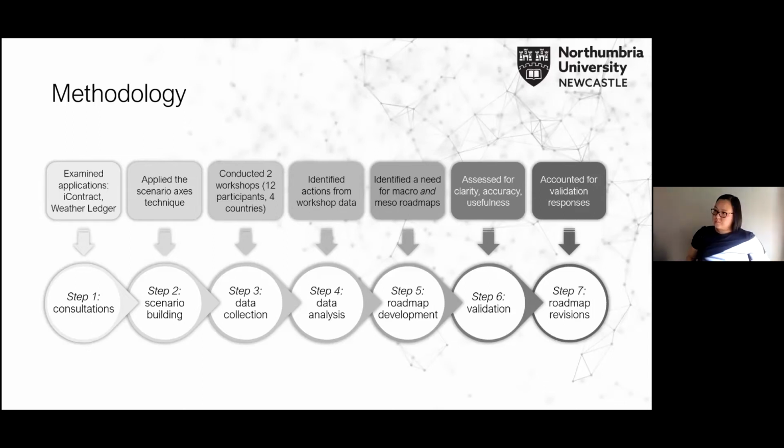Then the next part is validation, which I'm looking at, so hopefully with your participation, but also with people that attended the workshops and additional industry participants that I'll be contacting in the next week or 2. And anything that comes from these validation steps, I will incorporate into the roadmaps, so the final roadmap framework that will be published as part of my PhD.